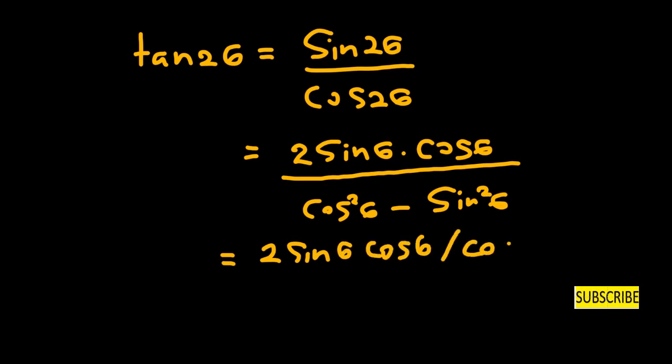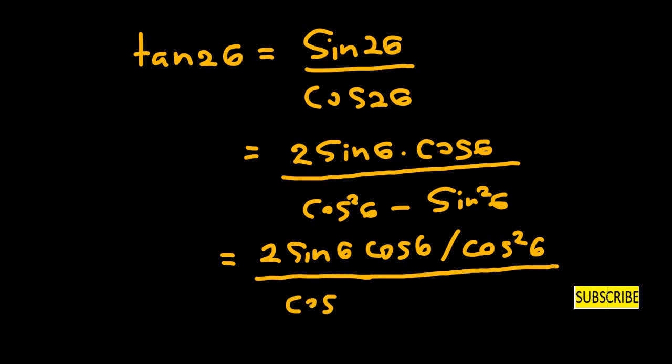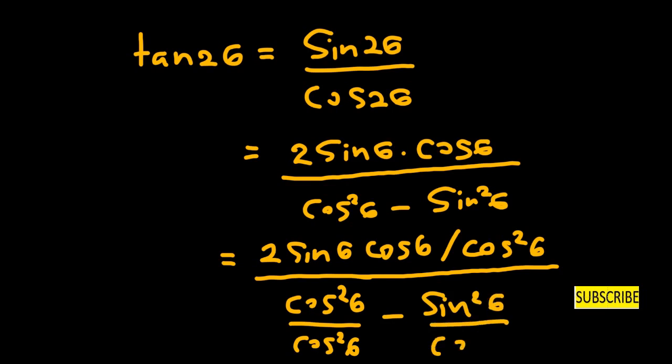Divided by cos square theta, and cos square theta divided by cos square theta, and sine square theta divided by cos square theta. We can eliminate cos square theta by cos square theta, and we can eliminate one cos theta from this one.